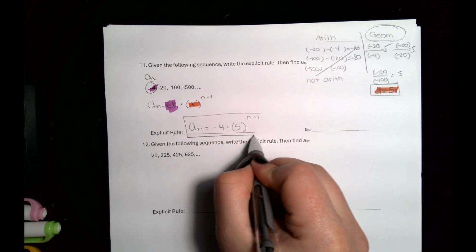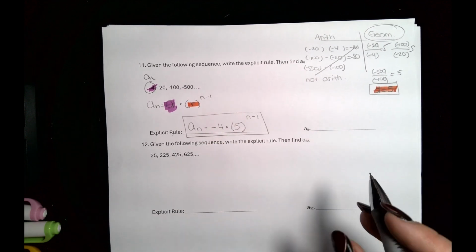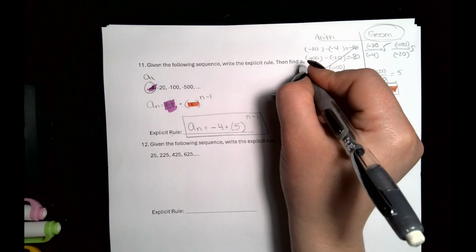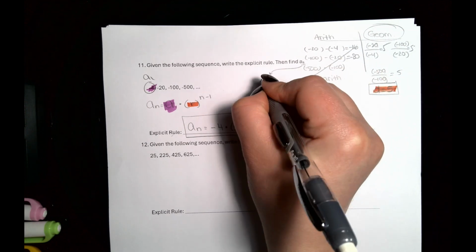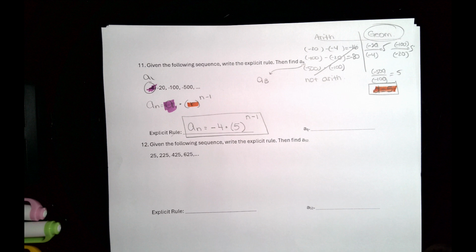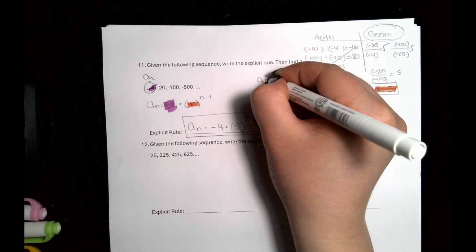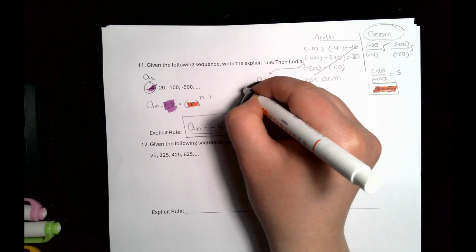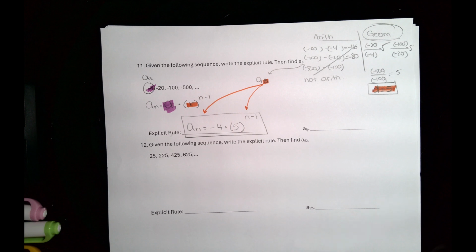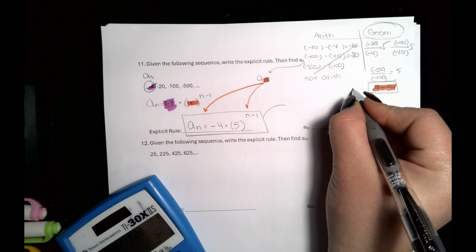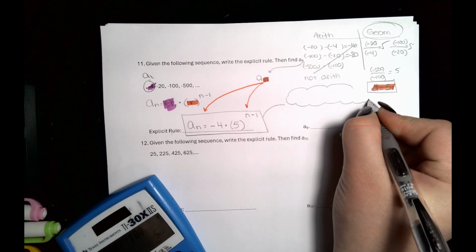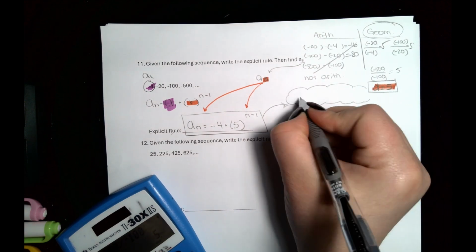You don't change anything. Now, when they are asking you to find a sub 8, this 8 is what you're going to put into your formula. Now, they already gave you an a sub 8 here. So all you're going to do is type this in, and I'm going to put it in a thinking bubble because this is a calculator portion.